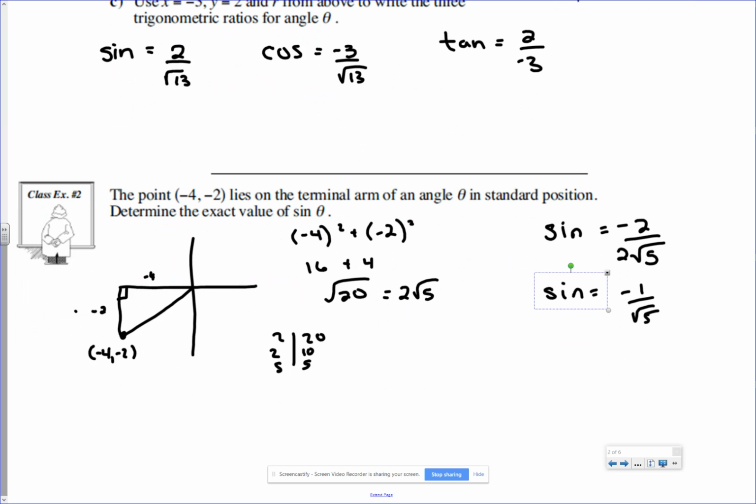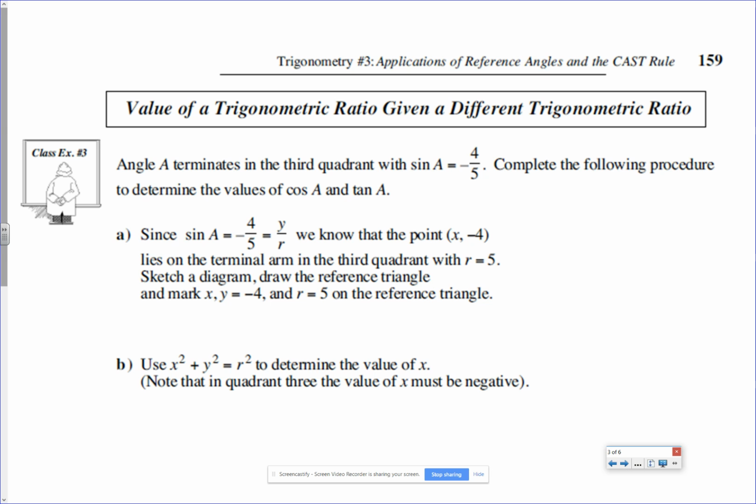So if you remember back to your radicals unit, this could also be written as -root 5 over 5, because we could multiply top and bottom by the square root of 5 to get rid of it. And that's just rationalizing the denominator.